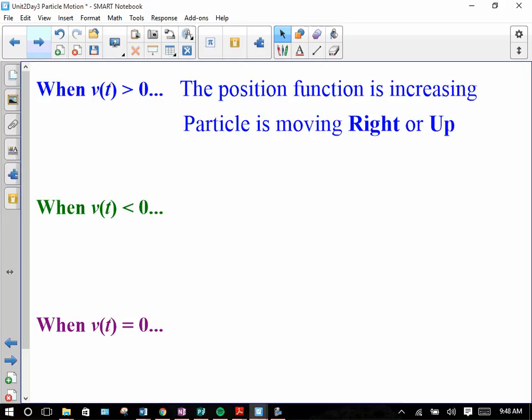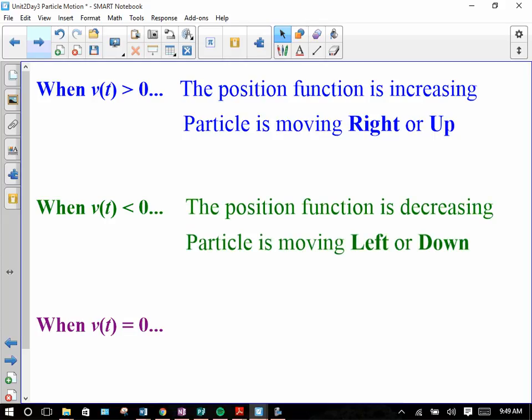So when v of t is greater than 0, the position function is increasing and the particle is moving right or up. When velocity is less than 0, the position function is decreasing. The particle is moving left or down.